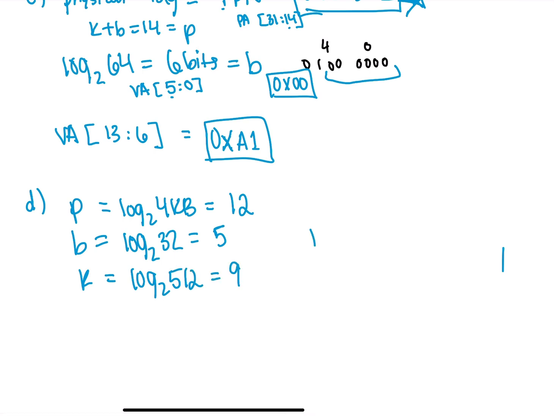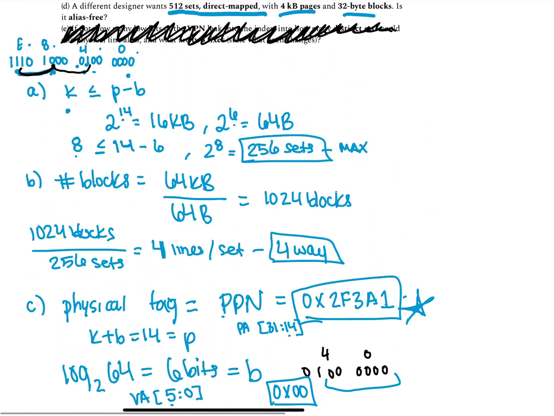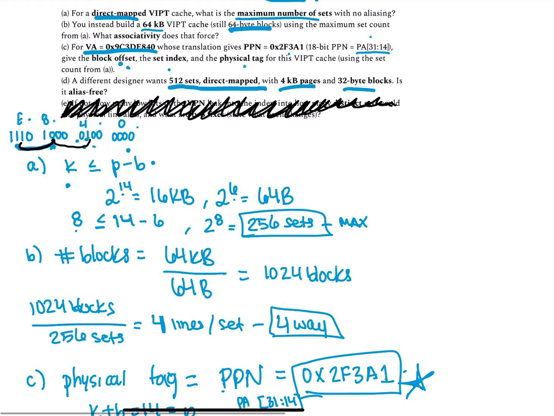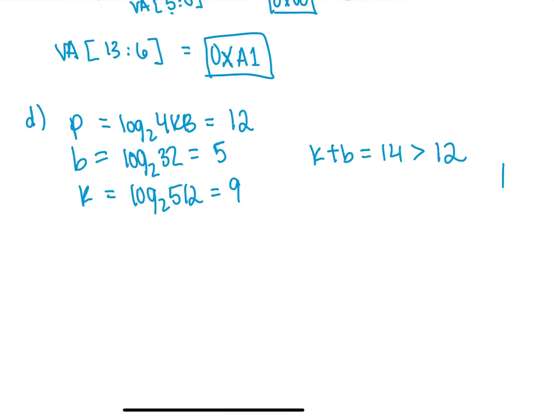And so K plus B, using the formula from here, is equal to 14, which is actually greater than 12. It's supposed to be less than or equal for it to not have aliasing. So we fail by 2 bits.